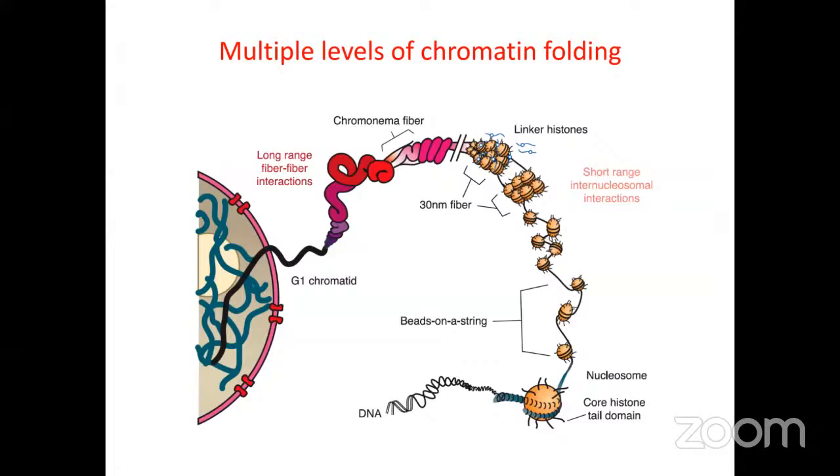Then we can see the beads on string model. That is the 10 nanometer fiber. I told you the basic unit of chromatin is the nucleosome. If you look at one nucleosome, you can see the double stranded DNA wound around it.